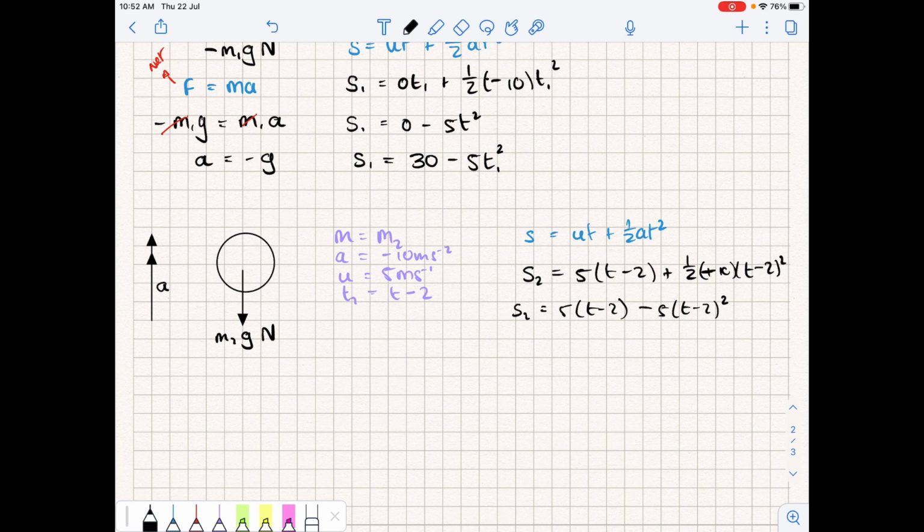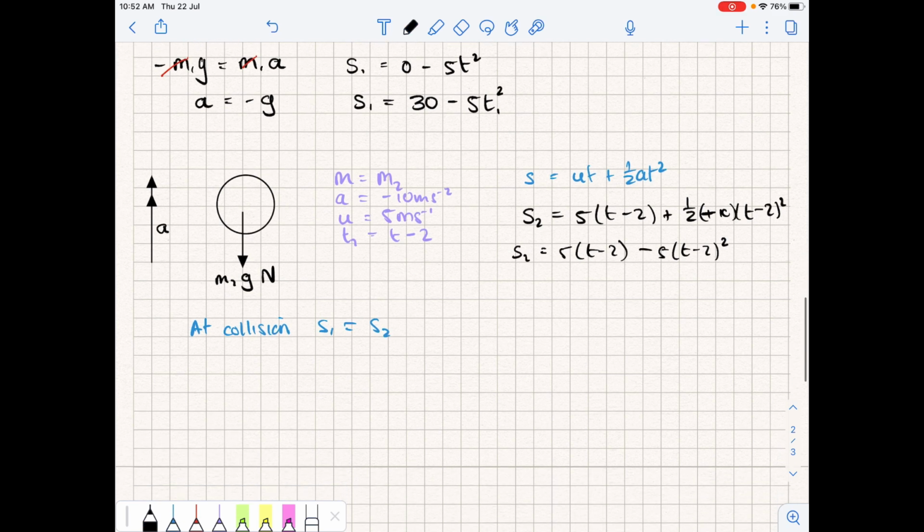So we have two displacement functions, S1 and S2, and we can say that at the point of contact, their displacements must be the same. So we can even state at collision, S1 must equal S2. So let's make our two displacement functions equal to each other.